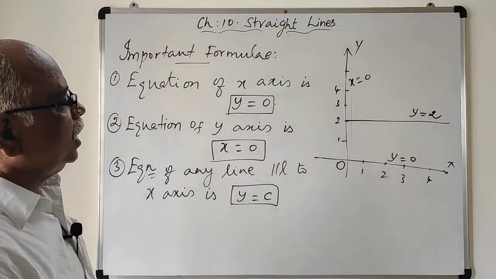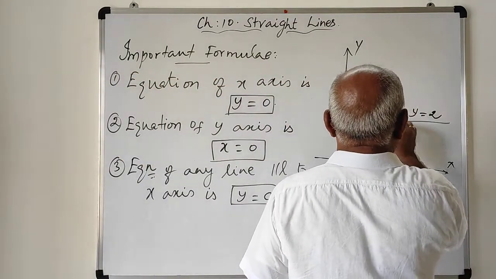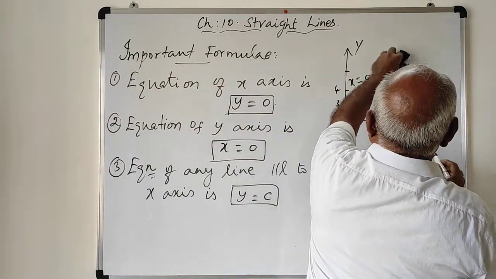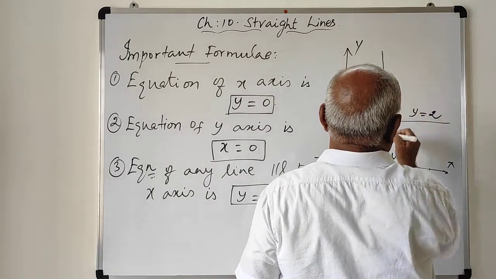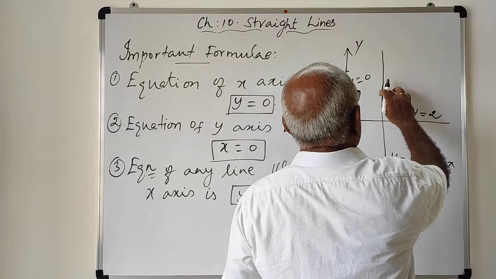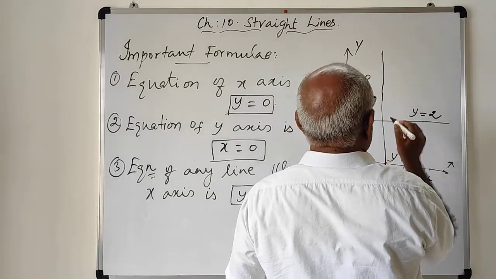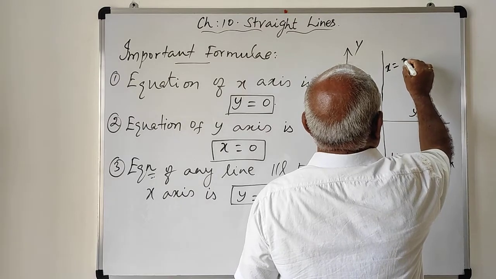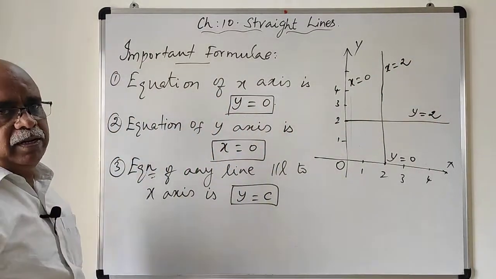Similarly, any line parallel to y-axis. This is a line parallel to y-axis. In this line, all the x values are 2. Therefore, the equation of the line parallel to y-axis is x equal to 2, that means x equal to constant.